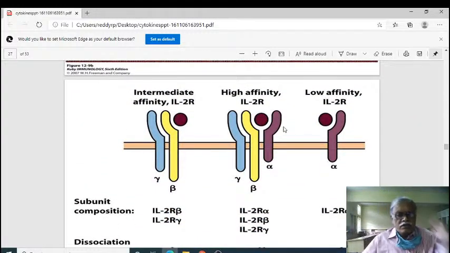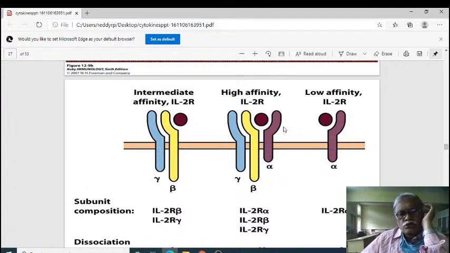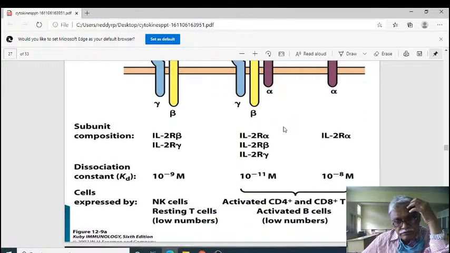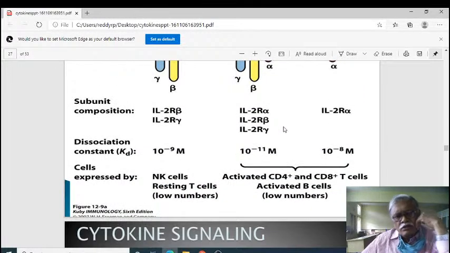The intermediate affinity interleukin 2 receptor, the high affinity interleukin 2 receptor over the basement membrane, low affinity interleukin 2 receptor. The subunit composition: interleukin 2 receptor alpha, beta, gamma.